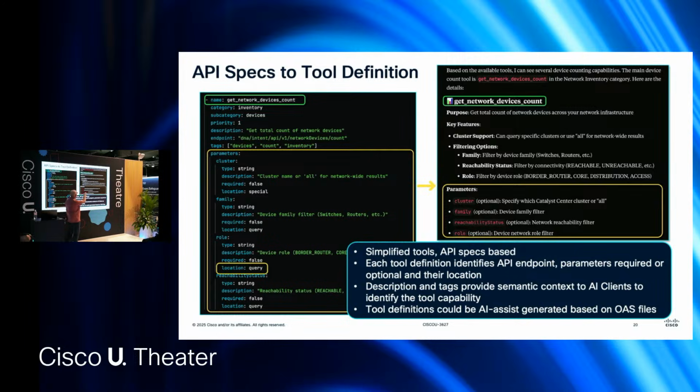And this is how, if I ask the question about network devices count, the MCP server will present me the information. It's very easy to change this. It's something that is already provided to you. If you want to talk about more advanced topics as strategies, how to create this, we can talk after the session, because I learned some lessons of how to actually be efficient when I'm creating these tools.